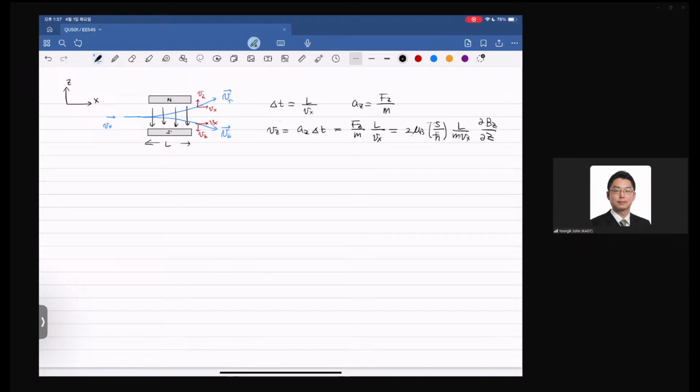In this experiment we can measure Vz, and you can control and measure Vx, and then we know this one already. This is something you can design, a constant. As a result, you can quantitatively measure the one in the parenthesis.